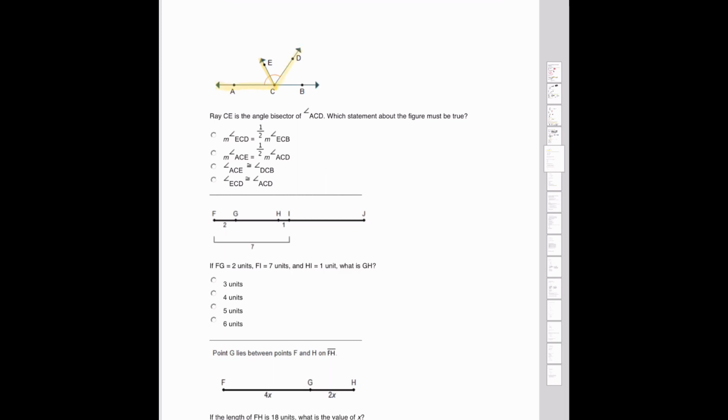We are trying to see which of these statements about the figure must be true given that information. Well, let's look at the first statement. The first statement is saying that ECD is 1/2 the measure of ECB.